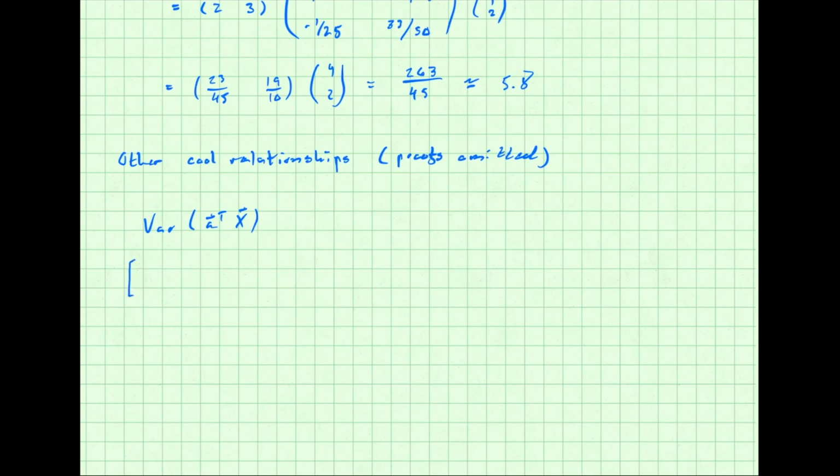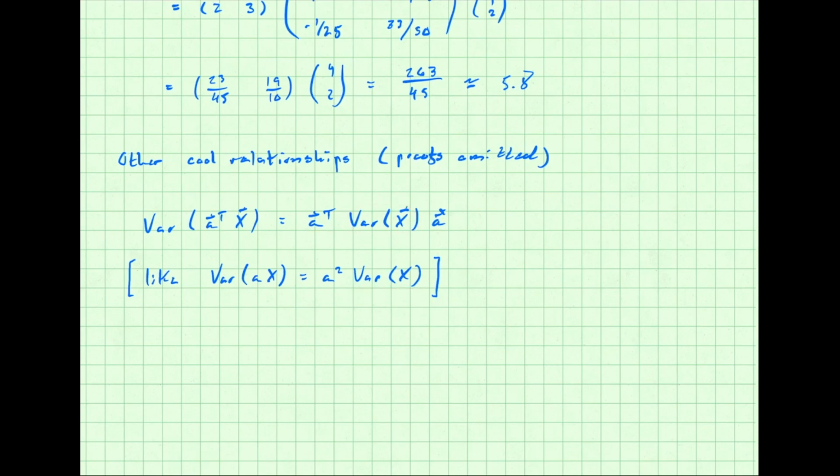I don't know if you remember, this is like the variance of a constant times X. That turned out to be A squared times the variance of X. And in this case, this turns out to be A transpose times the variance-covariance matrix of the vector X times the vector A. So these two guys replace the A squared, and this, which was a number, is now this variance-covariance matrix.